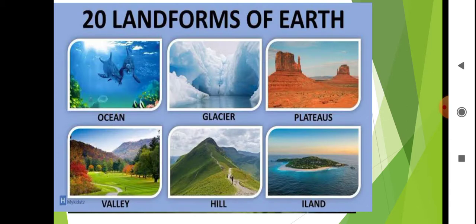Landforms of the earth. Landforms are natural features of the landscape, natural physical features of the earth's surface. For example, ocean, glacier, plateaus, valley, hill, island. Okay, the surface of the earth is constantly changing.